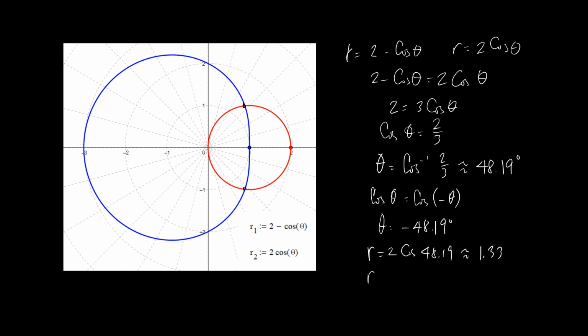Substituting the same angle of theta to r equal to 2 cosine theta, that is 2 cosine of 48.19 degrees, is also equal to 1.33. Alright, so the coordinates are 1.33 and 48.19 degrees, and the other one is 1.33, negative 48.19 degrees.